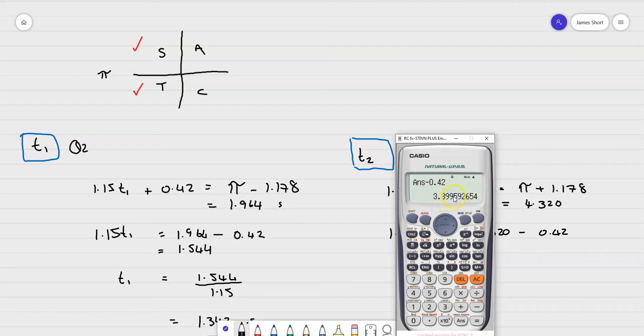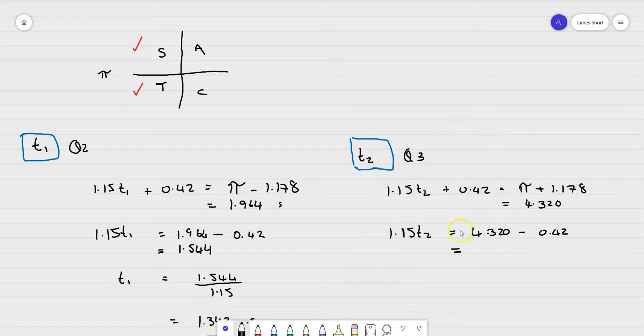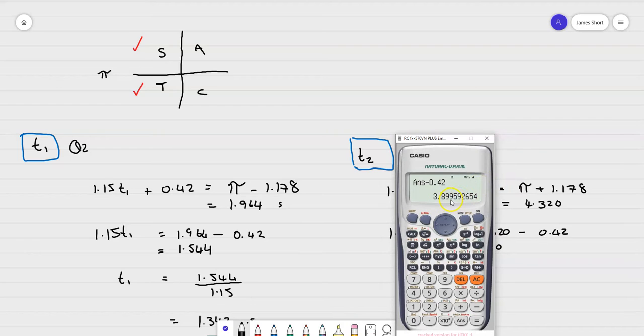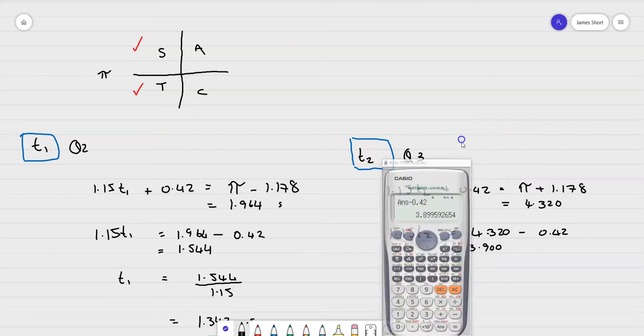This 9 rounds up, which then carries on to that, so it'll be 3.900. Just make sure we've rounded that correctly: the 5 rounds that 9 up to 10, which propagates, so that'll be 3.900.